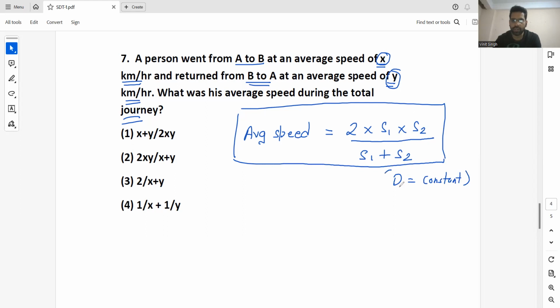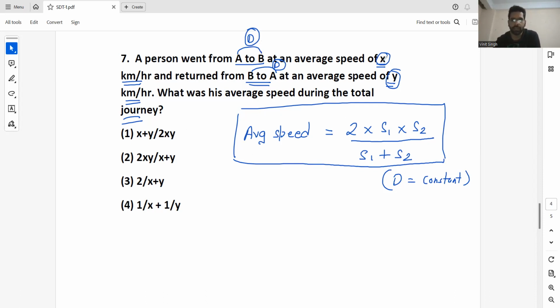If the distance is constant, we can apply the formula of average speed 2 into S1 into S2 upon S1 plus S2. Here, the distance is constant because A to B distance is D, then the same distance will be B to A.